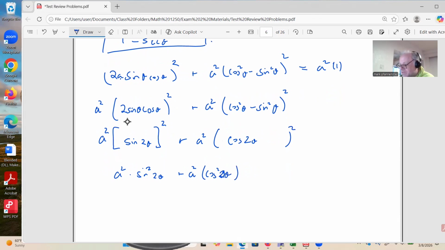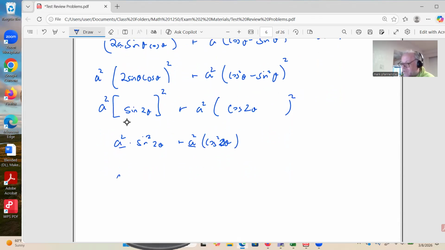Now I'm going to factor out my a squared, so I have a squared times sine squared of 2 theta plus cosine squared of 2 theta. If this section taught you anything, it's that sine squared of a thing plus cosine squared of that thing is equal to 1. So we have a squared times 1, which is equal to a squared. And I think we have proved our identity for this one.